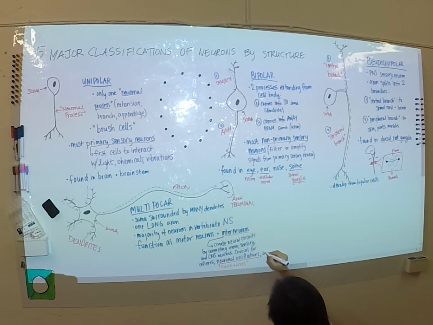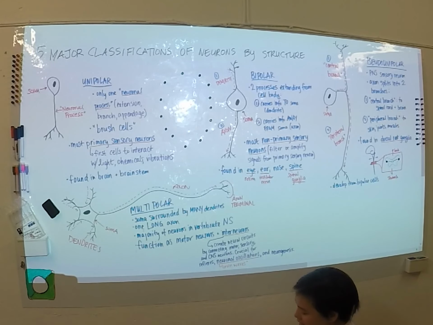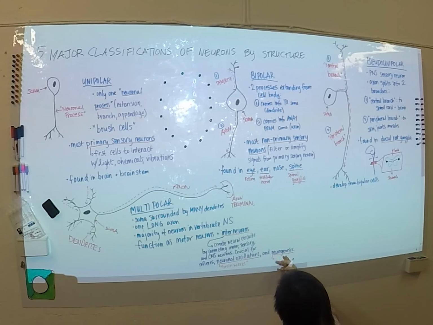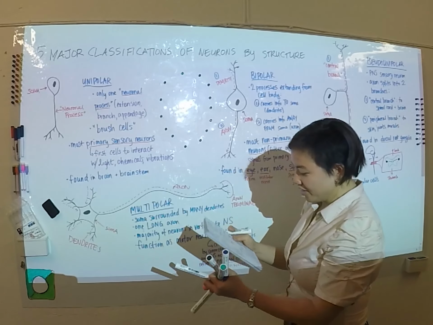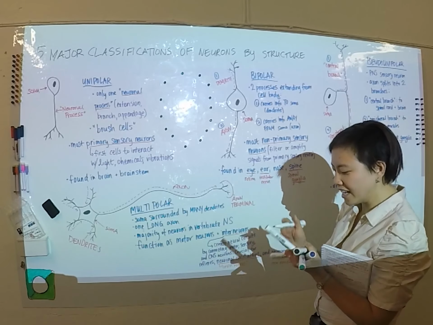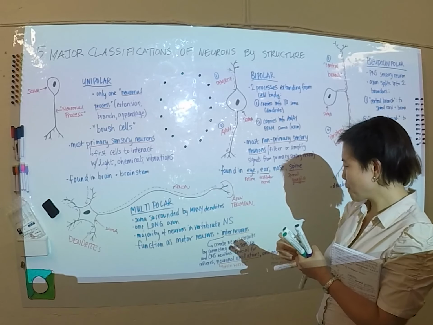And neurogenesis. Whew. Okay. So, neurogenesis, that is creating new neurons. Amazing. Okay. And then the last thing, not the last thing. Far from the last thing.